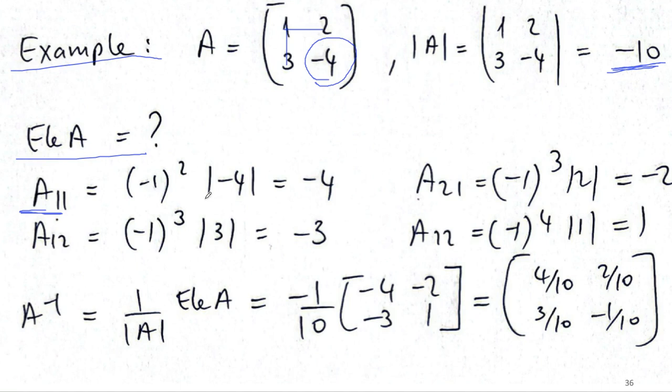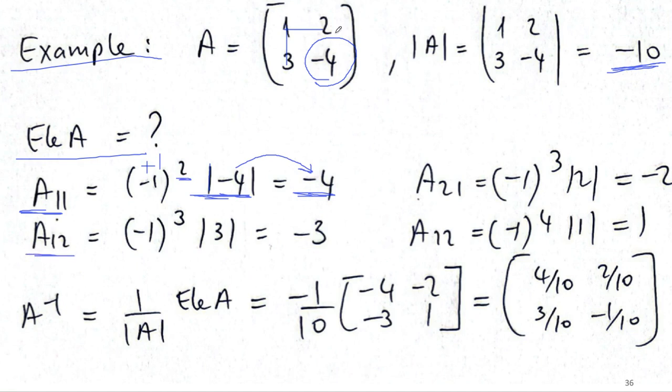So we write determinant of minus 4 is minus 4. By the way, don't confuse this with an absolute value. This is the determinant sign, and the determinant of a constant, a scalar, is itself. So this gets out as minus 4. And here this is plus 1 because it is a square.